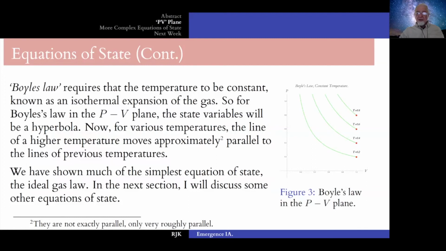For this one, it's 0.2. For this one, it's 0.4. This one's 0.6. This one's 0.8. So again, at every point along those lines, you have the same properties of the gas here.